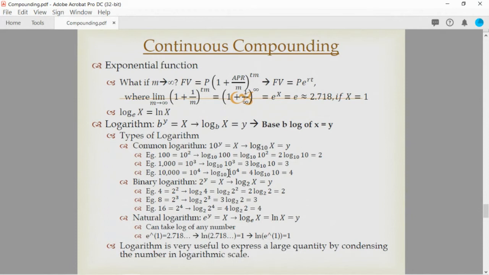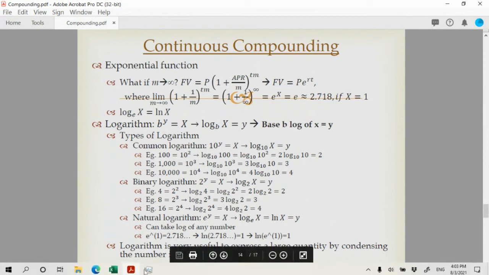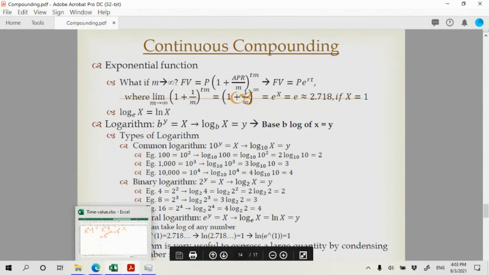It is a way of expressing usually a large number by its exponent, because a large number is very onerous, burdensome to express.